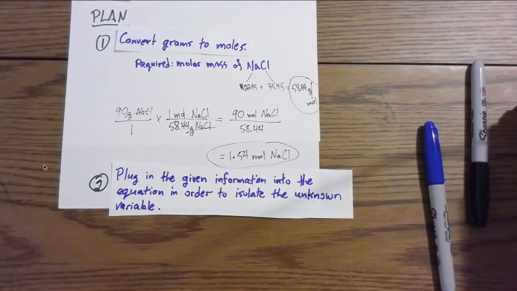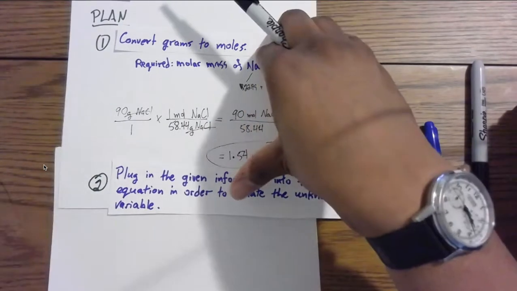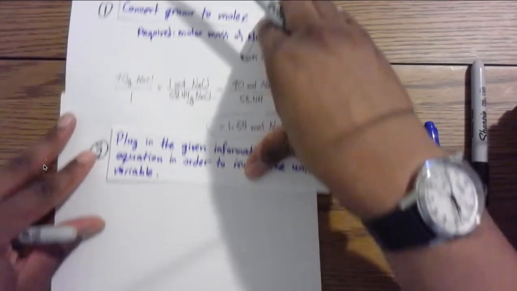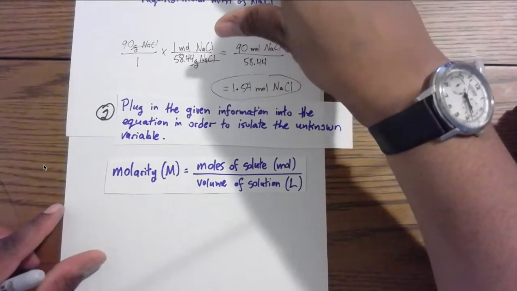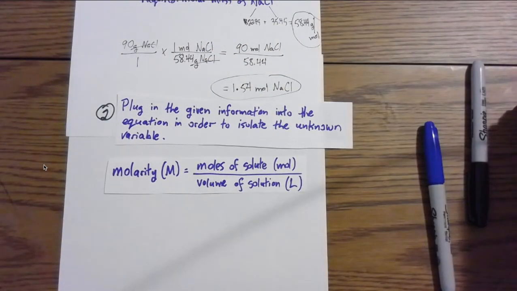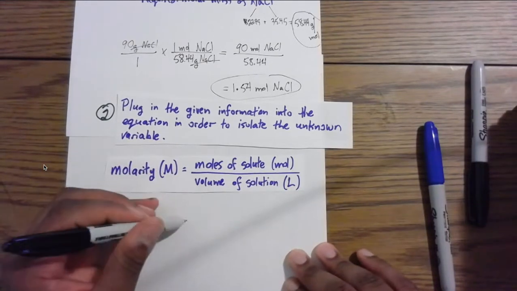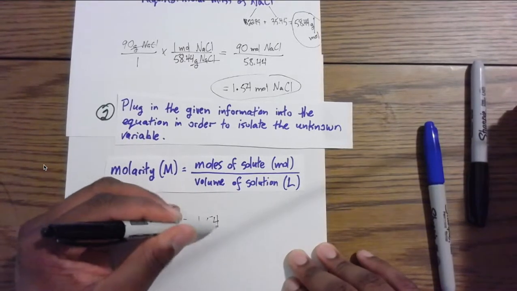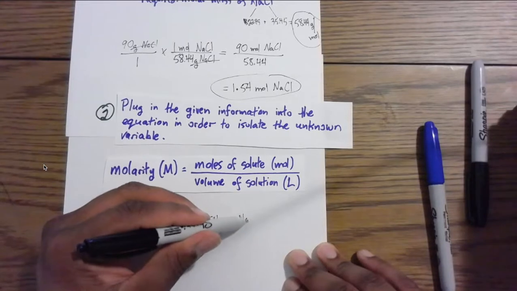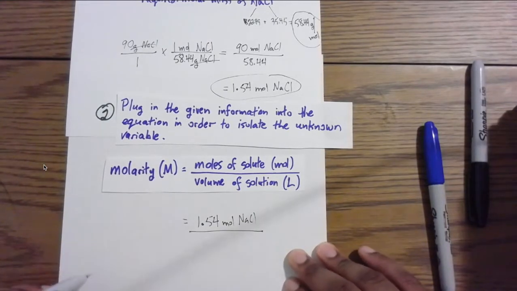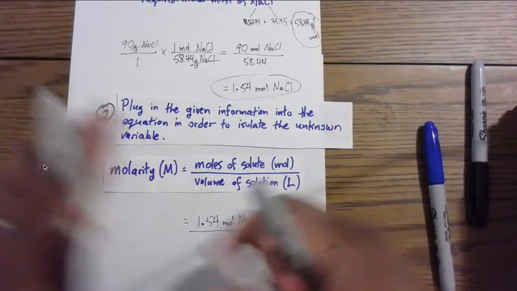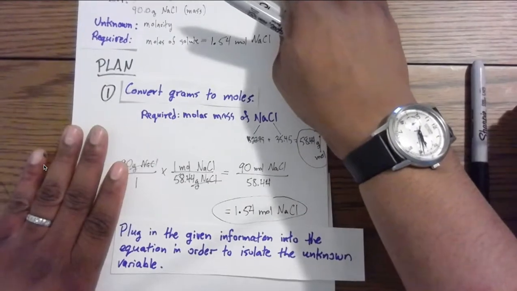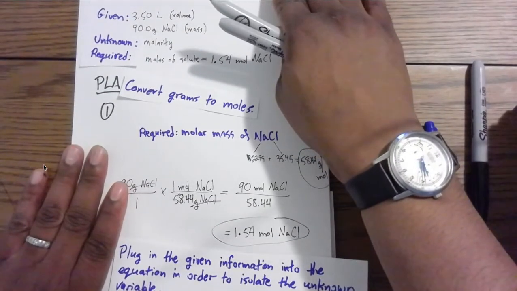Now let's remind ourselves what that equation is. The equation for molarity is moles of solute divided by volume of solution, and we just found moles of solute, which is 1.54 moles of NaCl. Now the volume of solution was given to us in the problem, as you can see, 3.5 liters at the very top.